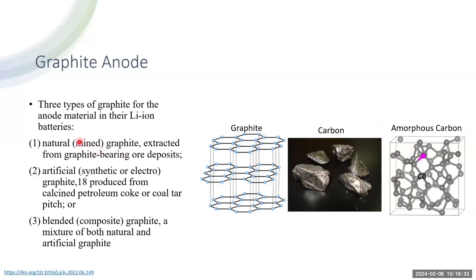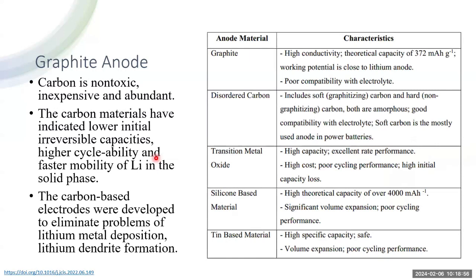So you can mine it. There are even graphite mines around the world, but you can also make it from the plants. If you burn the plants in a certain degree and in a certain environment, you can also get graphite. There's artificial graphite. There is blended graphite as well. So these are the graphite anodes that are available in the market.